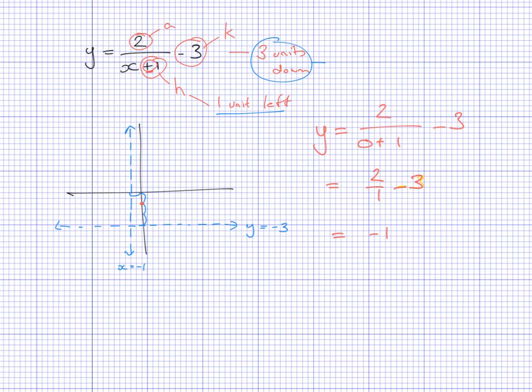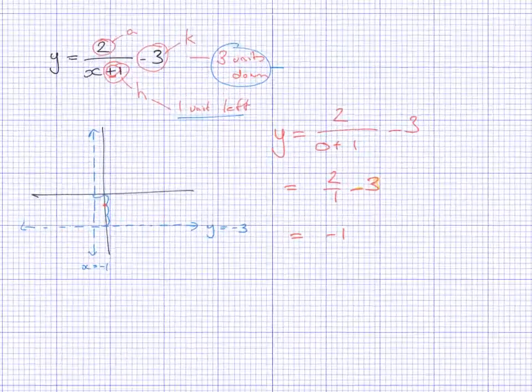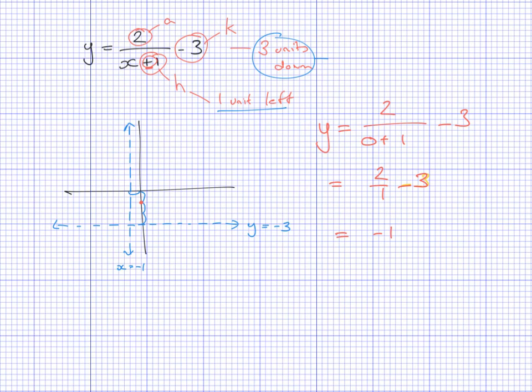All right, the second point is to find the x-intercept, and we do that by finding out where y equals 0. So same way, just substitute y equals 0 in: 0 equals 2 over x plus 1 minus 3. Move the 3 across, 3 equals 2 over x plus 1.